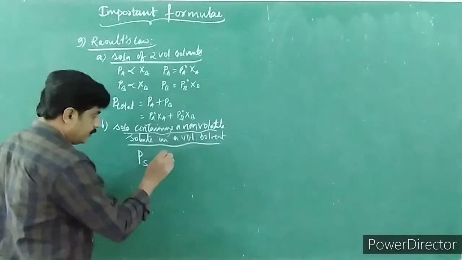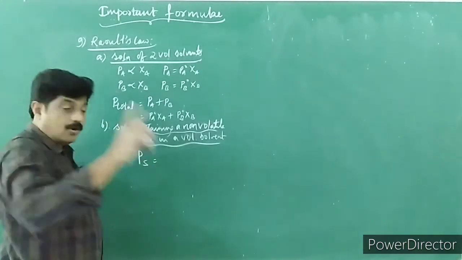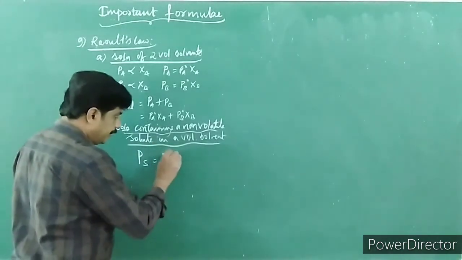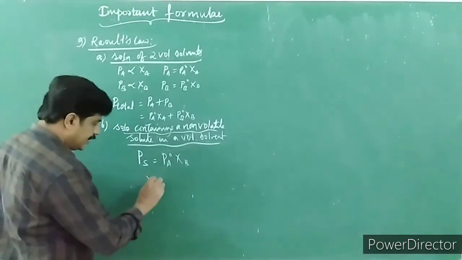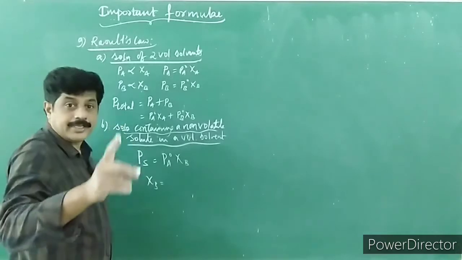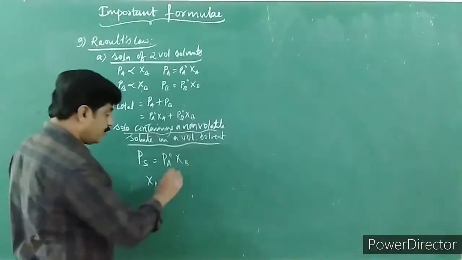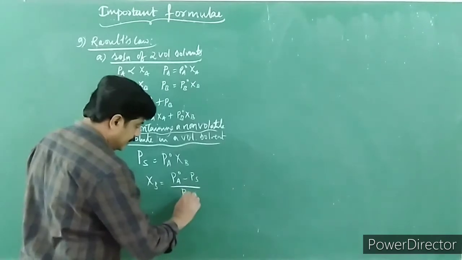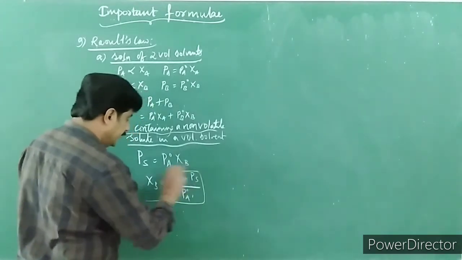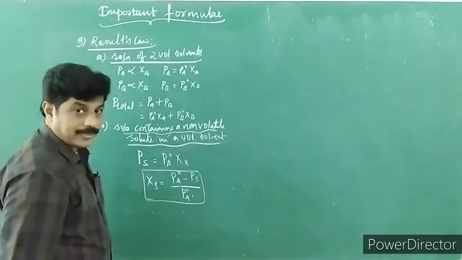PS is equal to PA naught into chi A, PA naught into chi A. Is it not? Whereas chi B is equal to, you know that, PA naught minus PS upon PA naught. This is nothing but relative lowering of vapor pressure.